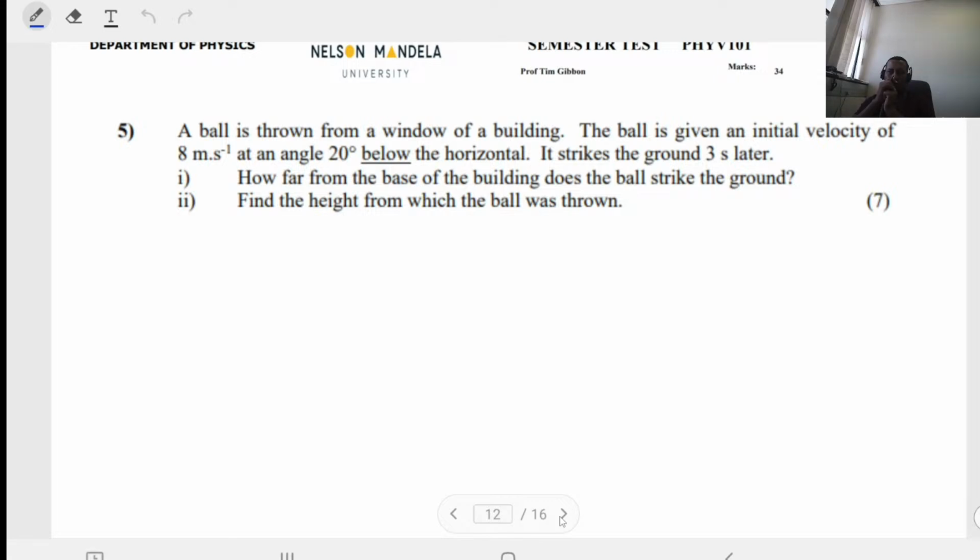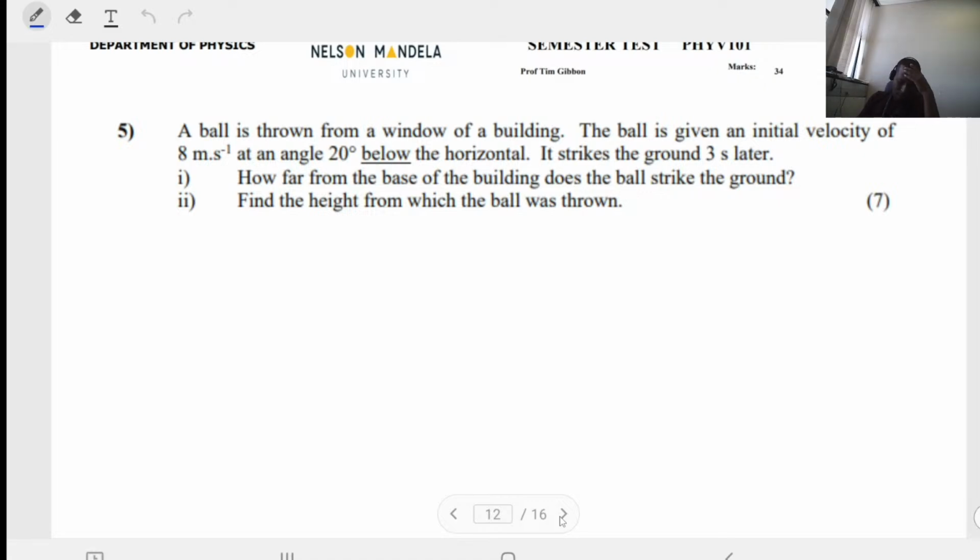It's a ball which is thrown from a window of a building. Of course, you could feel at this stage that it's a projectile motion. The ball is given an initial velocity of 8 meters per second at an angle of 20 degrees below the horizontal.